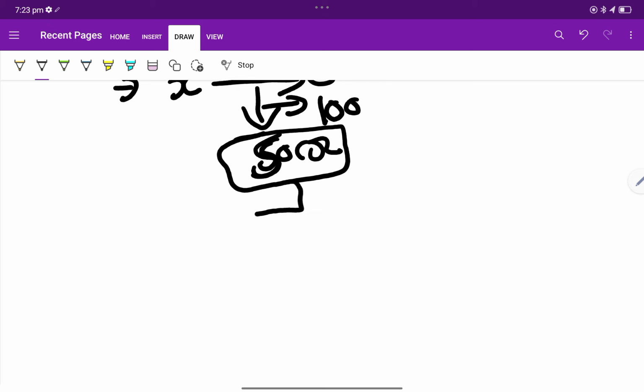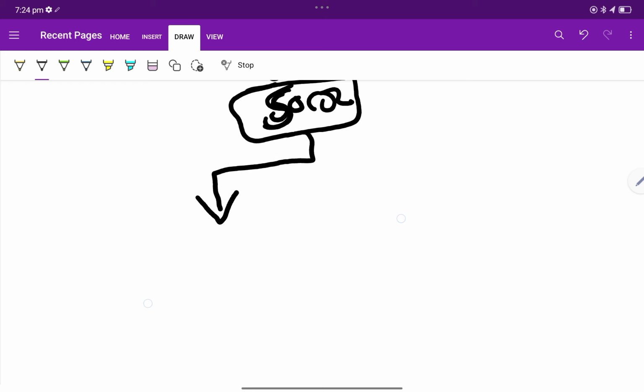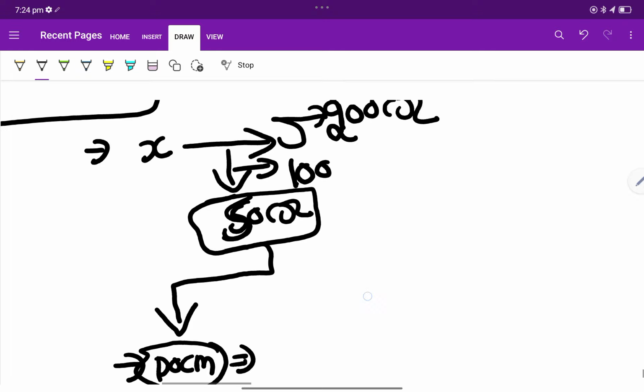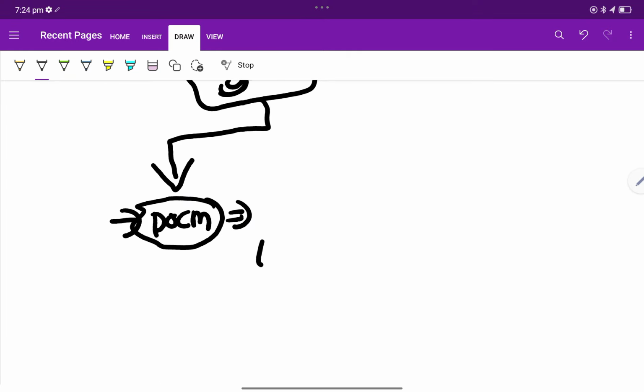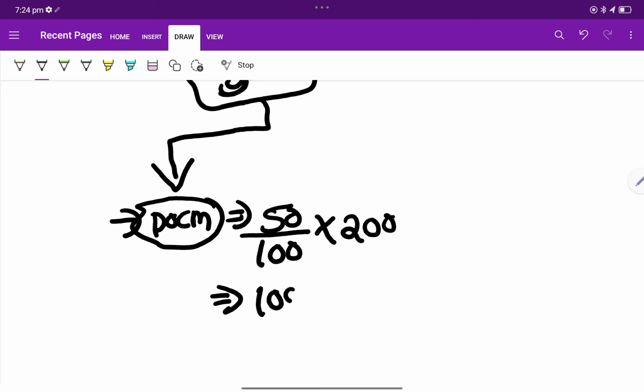What happened? He is able to estimate the contract reliably, so the revenue should be recognized on the percentage of completion method. How much revenue needs to be recognized? Total cost is 100, how much is completed? 50, into the revenue 200. So you should recognize the revenue of 100 crores.